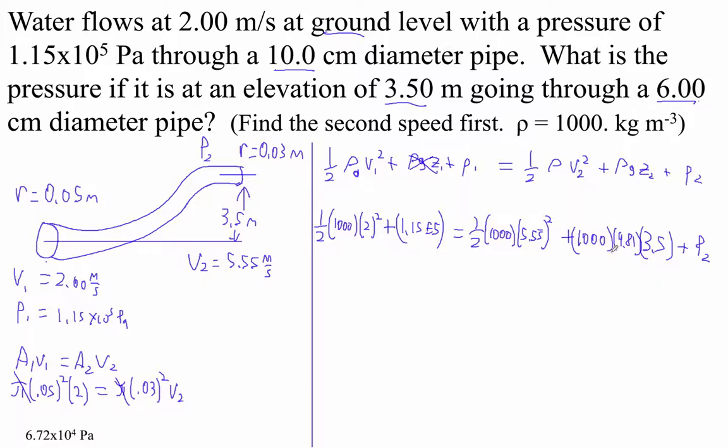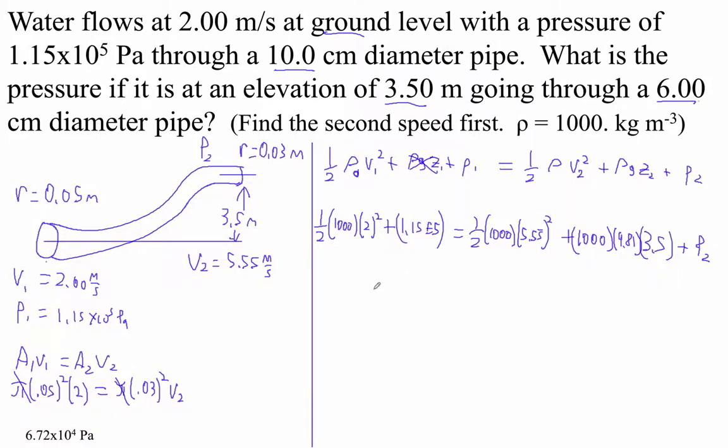Then I'm going to subtract this term, minus 1,000 times 9.81 times 3.5. Enter. Hopefully I get the right answer.